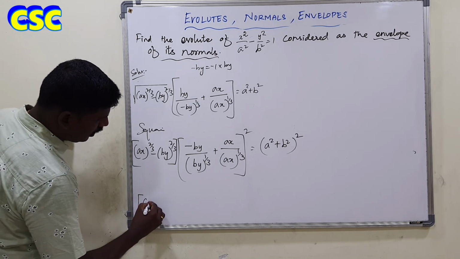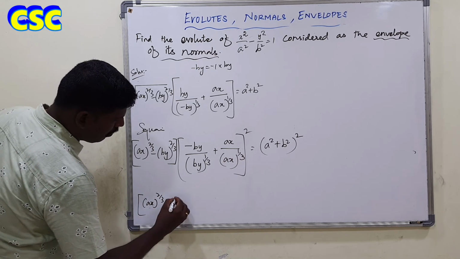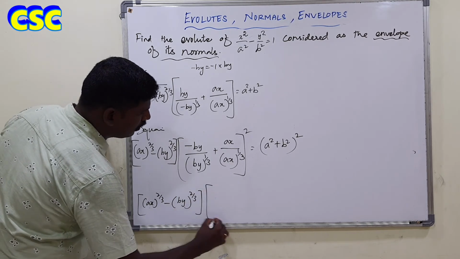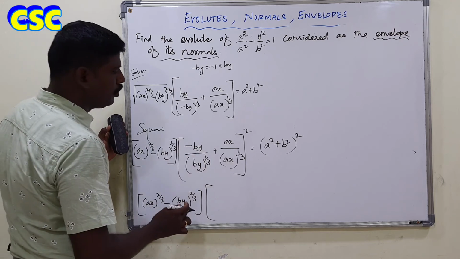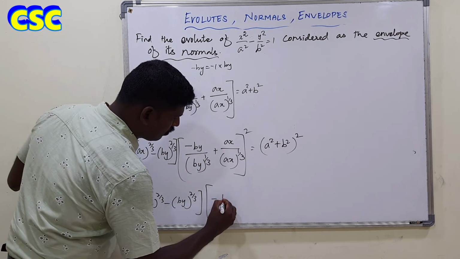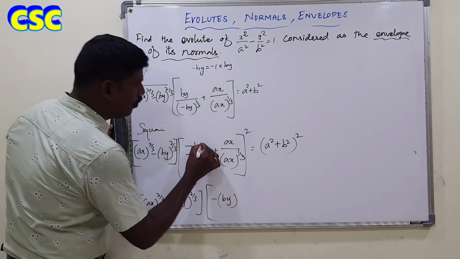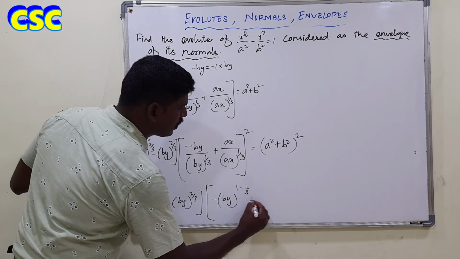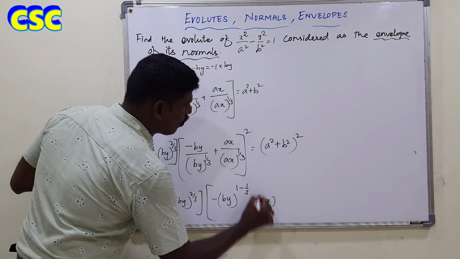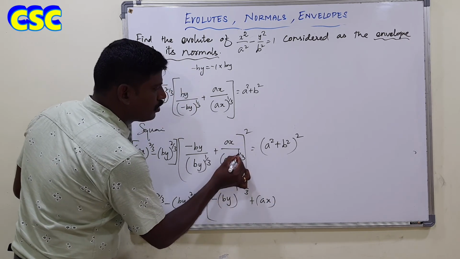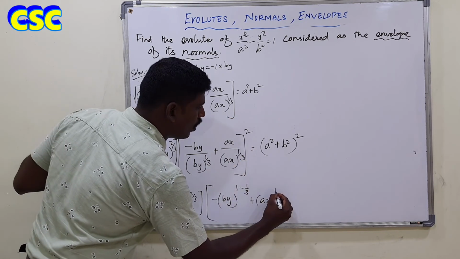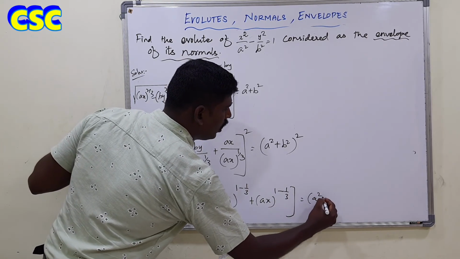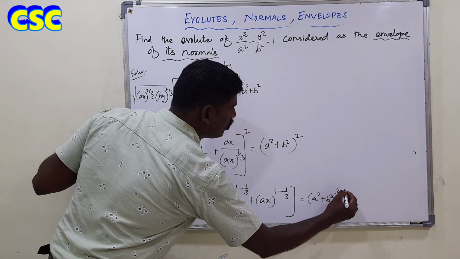Yes. Ax power 2 by 3 minus by power 2 by 3 into this can be taken into the numerator. So minus by, already by to the power 1 is in the numerator, so 1 minus 1 by 3, plus ax to the power 1 is in the numerator, this 1 by 3 goes to the numerator, becomes 1 minus 1 by 3, equal to a square plus b square to the power 2.